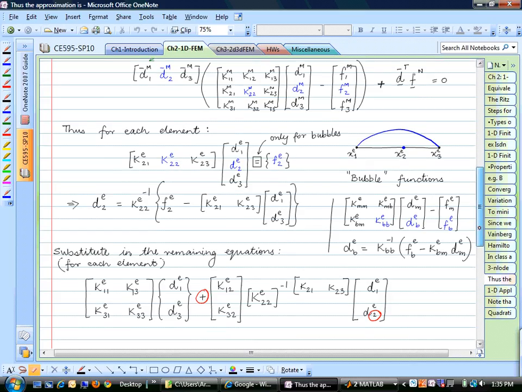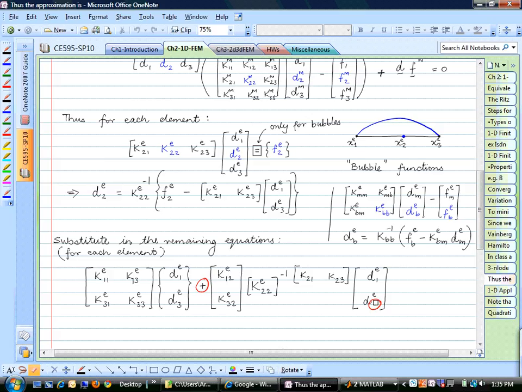If you do that, what we should have here is the main degrees of freedom, so it should be DE3, and instead of the plus, we need to have a minus here. So just make those two corrections, and hopefully everything else is all right.